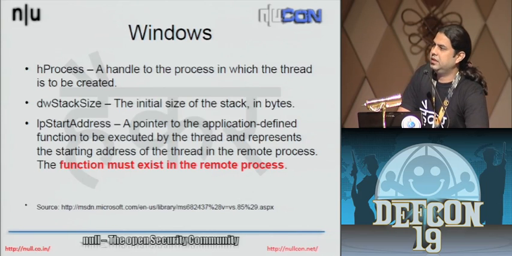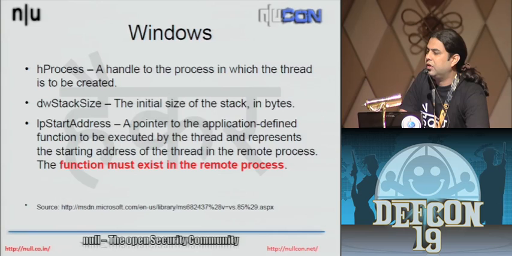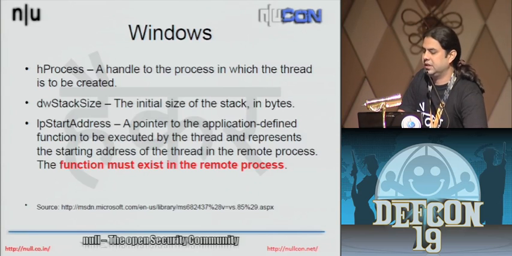The stack size talks about the stack for the thread that you want to create inside the remote process. And the start address is the address of the function or code that you want to execute. According to the documentation of this function, the function or the code must exist inside the process.